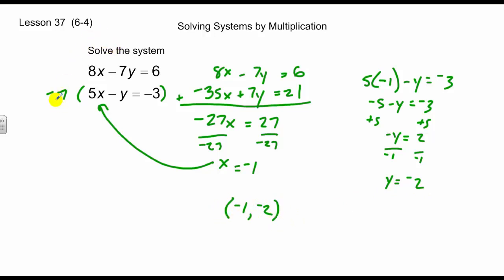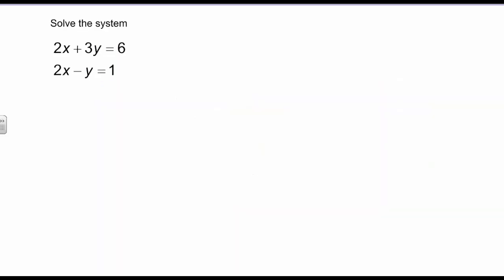And this is multiplication because I multiplied both sides by a value that allows me to add things up and thus eliminate a variable. Likewise, in this example, you see I could use subtraction. It's probably the easiest way to do this since they're opposites already, but since we're using this multiplication method, I'm going to do that.